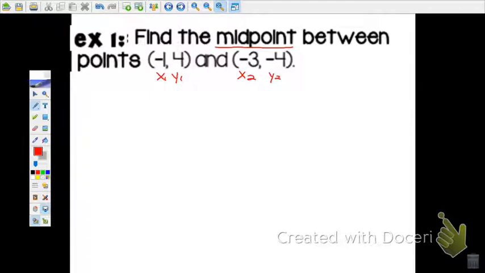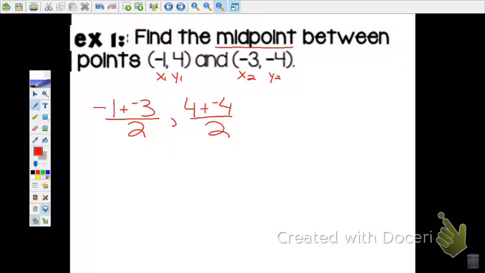Now I plug those numbers into the formula. For the first part, I add the x's together and divide by 2. For the other piece of the coordinate, I add the y's together and divide by 2.